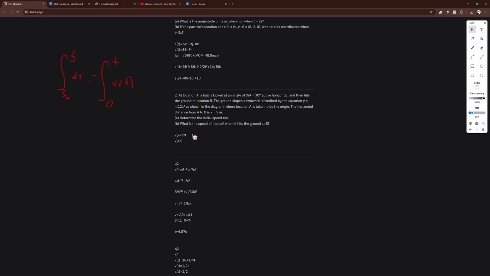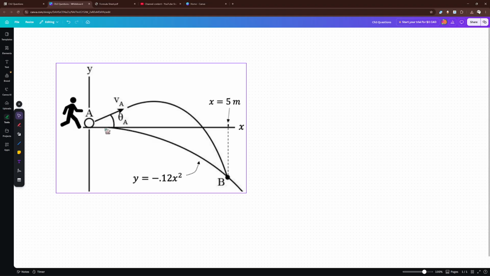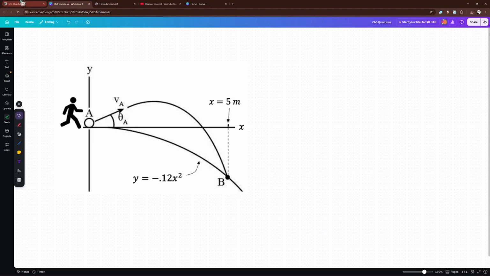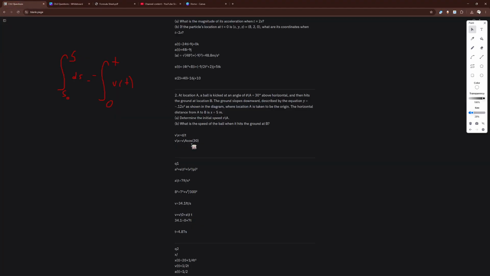VX is, if we look at this, the velocity in the x direction, adjacent, so cosine, is equal to VA cosine, and our angle is 30, right? So we're going to put that in there. So we have our distance, by the way. The total distance traveled is going to be 5. That's pretty obvious. Anyways, now let's just plug in the values. Sorry.